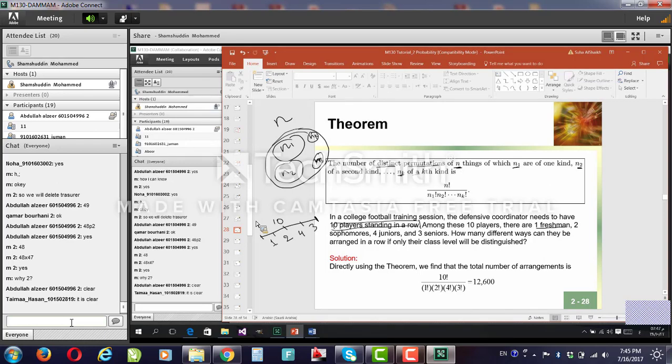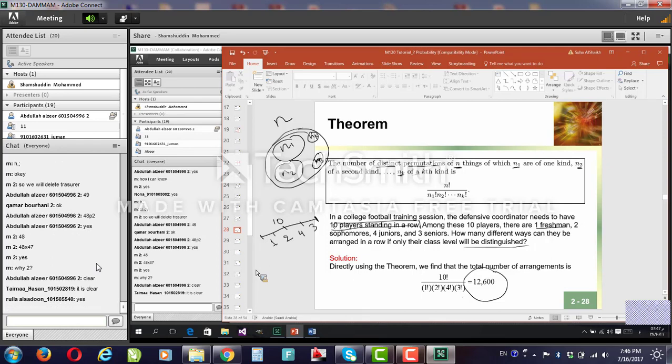How many different ways can they be arranged in a row if only their class level is distinguished? So we have the partition: 10 factorial over 1 factorial, 2 factorial, 4 factorial, 3 factorial. The result is 12,600. So this is a special case of a permutation. In this case we use this theorem here. Clear? Is that clear?